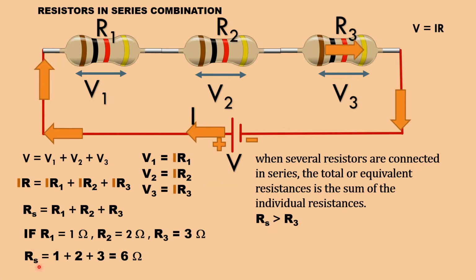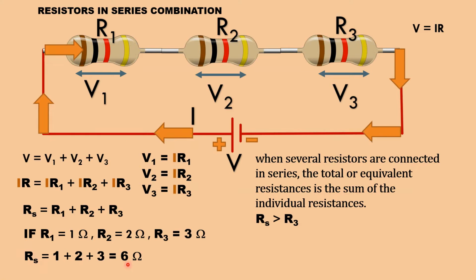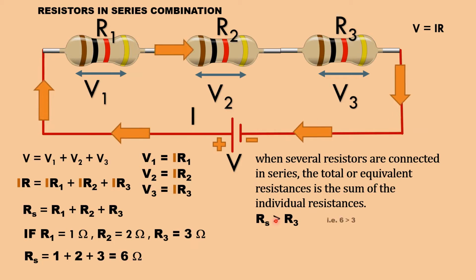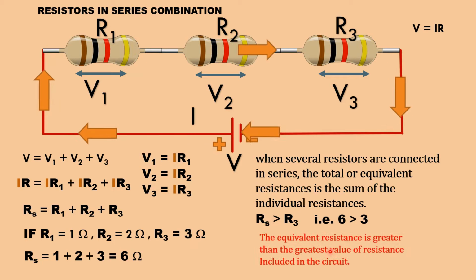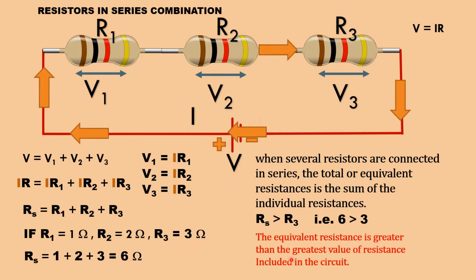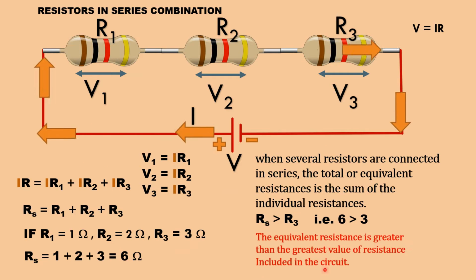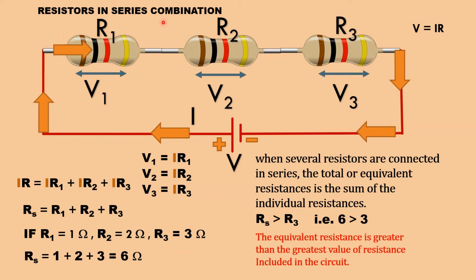So the total resistance in series is equal to 6 ohm, and this 6 ohm is greater than the greatest value of the resistor included in the circuit. So from this, the equivalent resistance will be greater than the greatest value of resistance included in the circuit when they are connected in series combination.